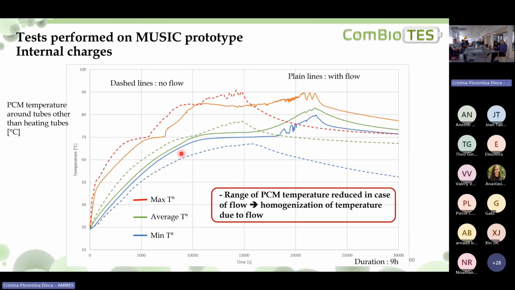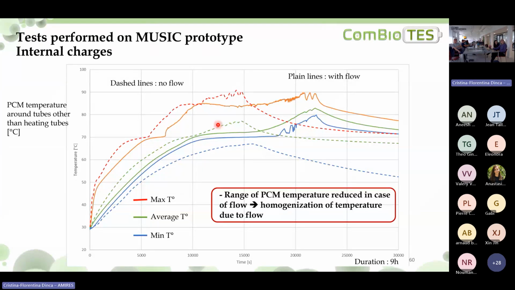And what we can see is that when there is flow, the minimum temperature achieved around the tubes that are further away from the heating tubes is above 70 degrees. So it means that PCM has melted everywhere, not only near the heaters, but everywhere in the tube bundle.